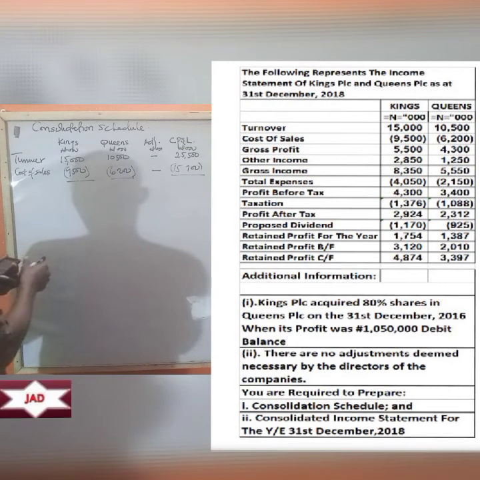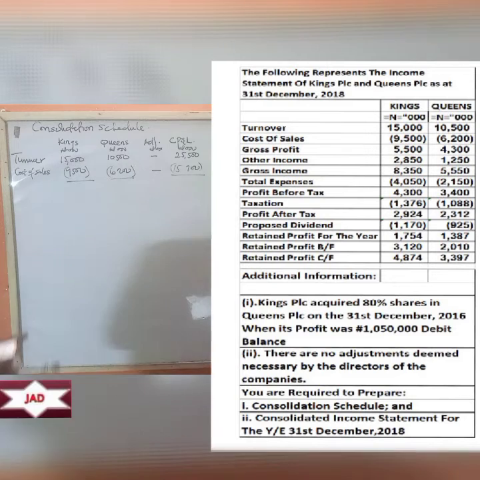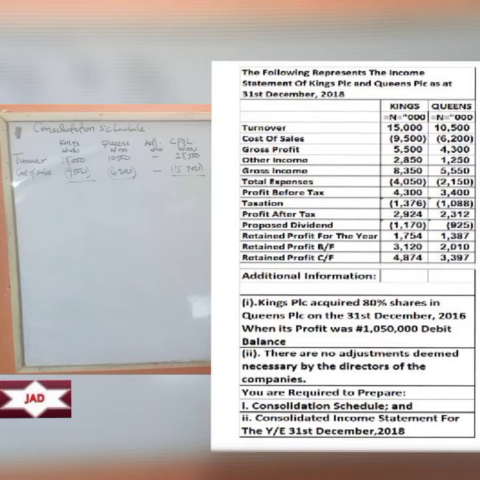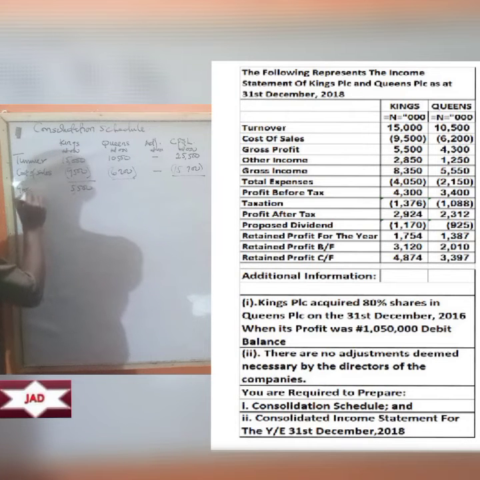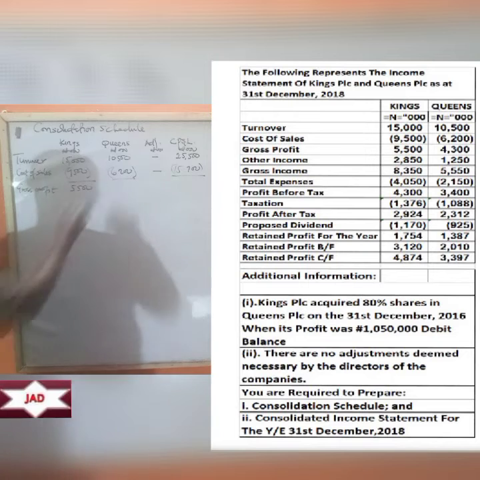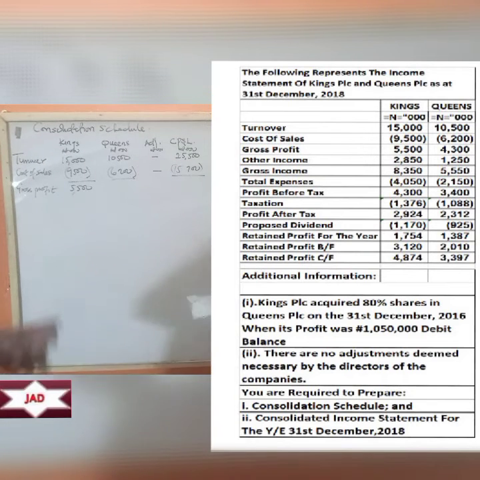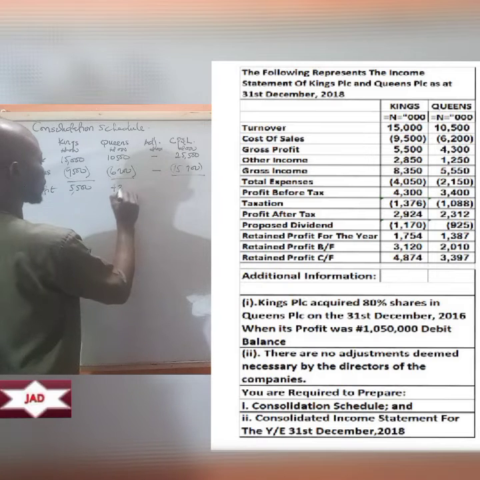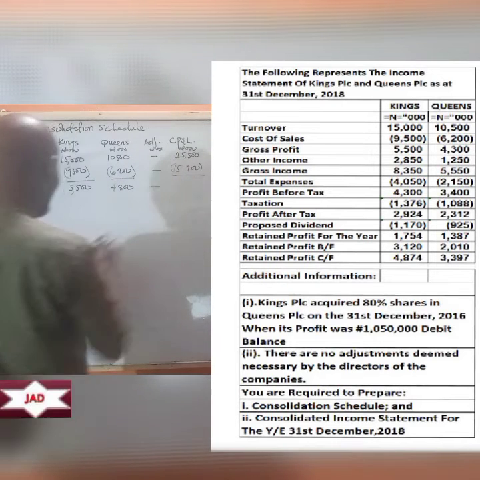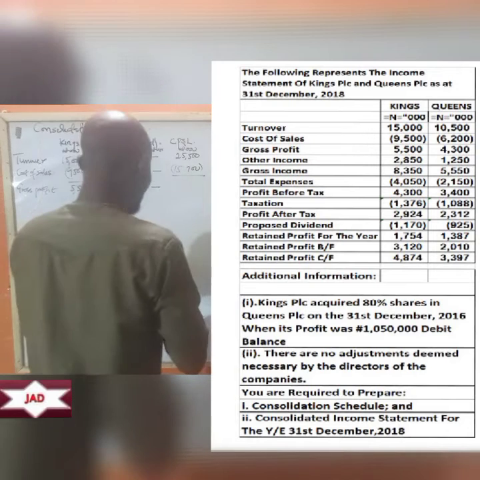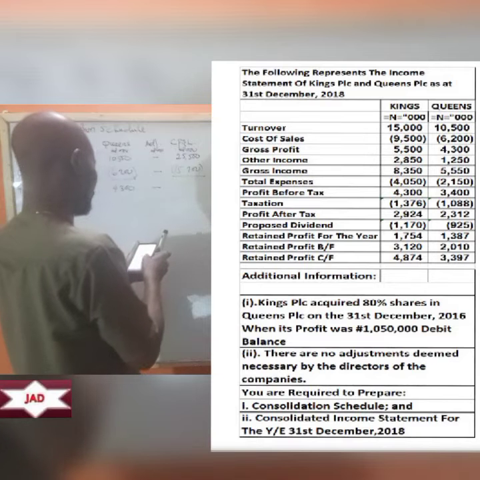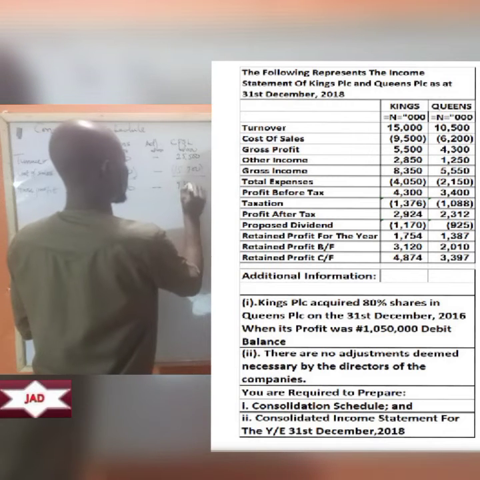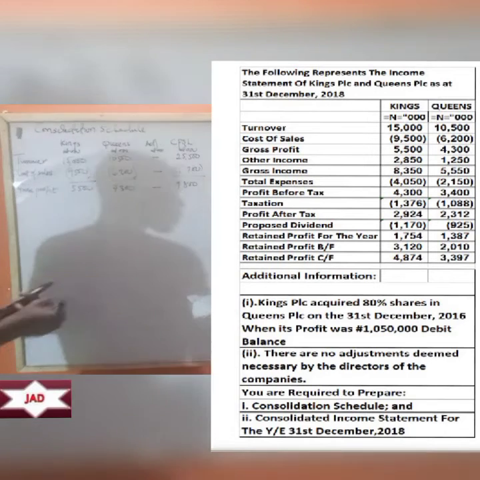This minus this. I think we can get that from the question. That's 5,500. This is gross profit. This one we can get there too, 4,300. So this will give us what? 25,500 minus 15,700 is 9,800.